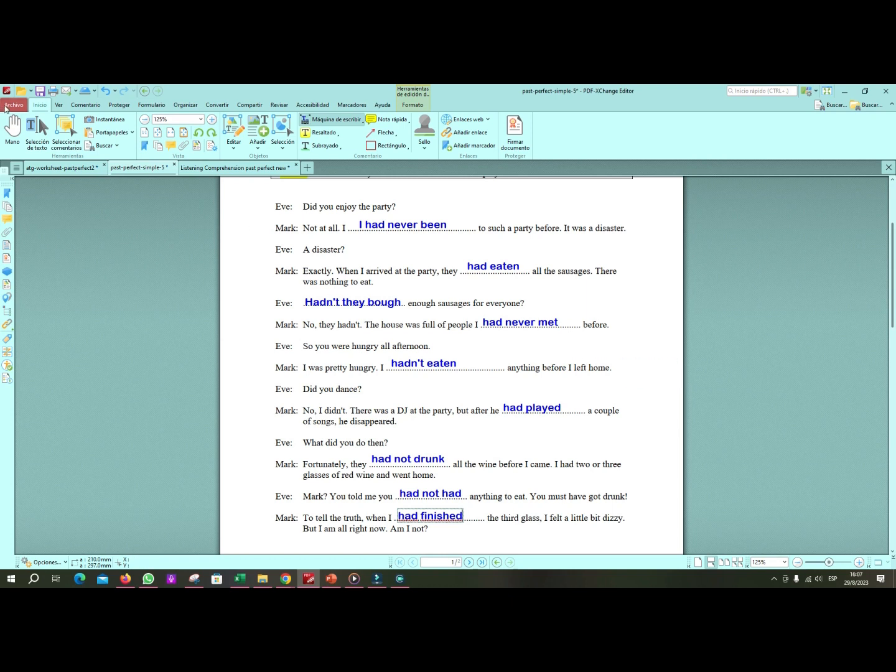So don't forget the pronunciation of the verbs in past participle, also in past, right? Been, eaten, bought. Oh, here I have a mistake. It's bought with T. So haven't they bought enough, right? Also eaten, right?